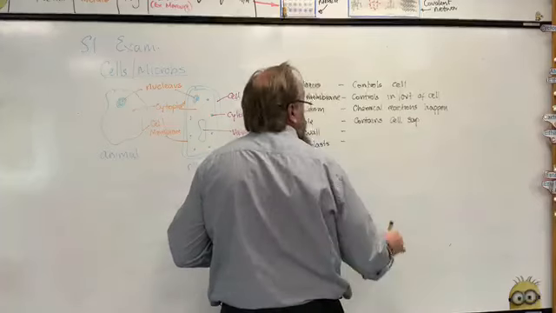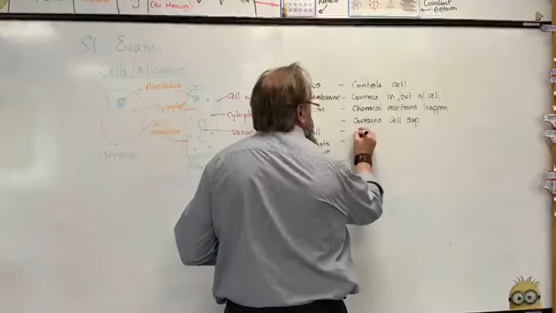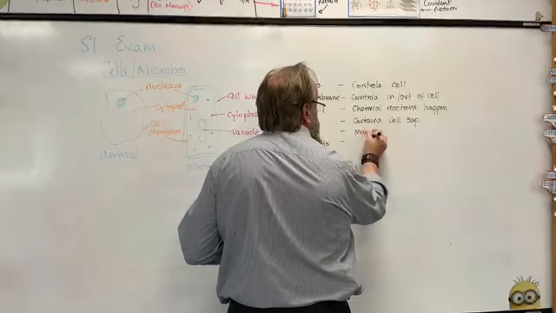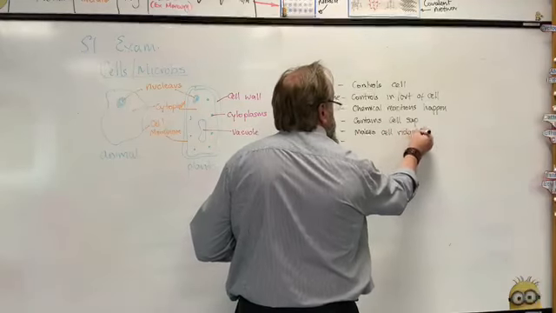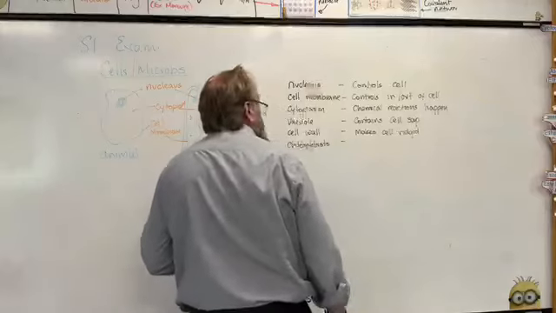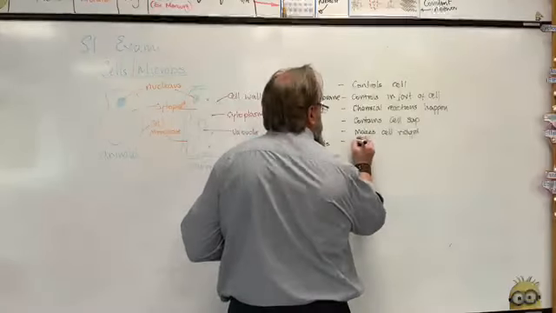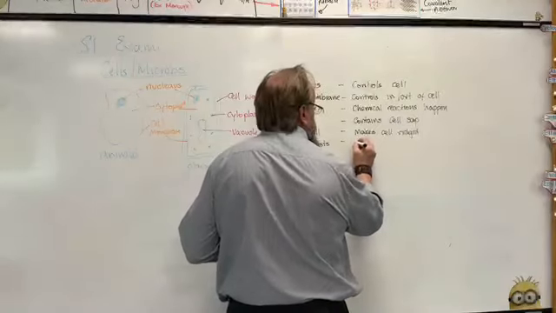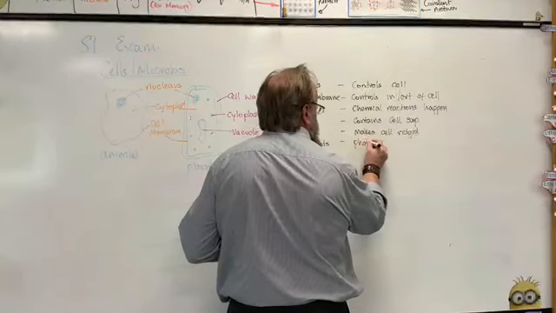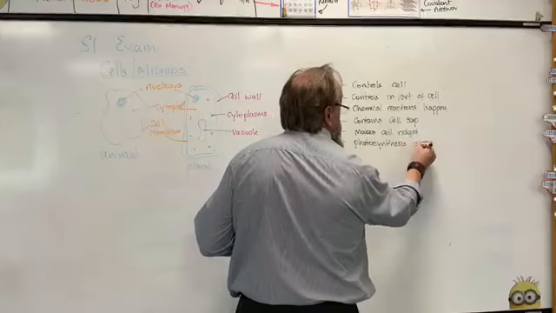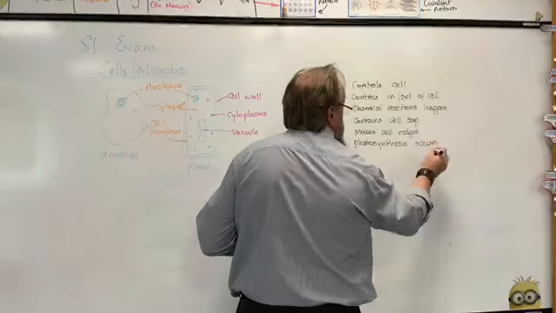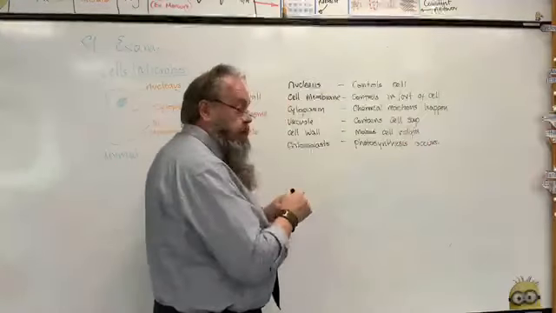The cell wall makes the cell rigid. It gives it some shape. And the chloroplast, this is where a reaction called photosynthesis occurs. That's why they're all green, plants are green.